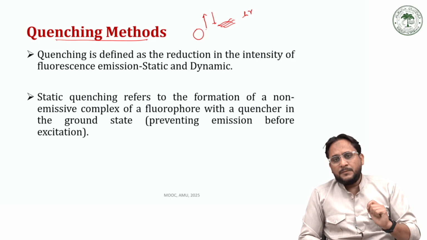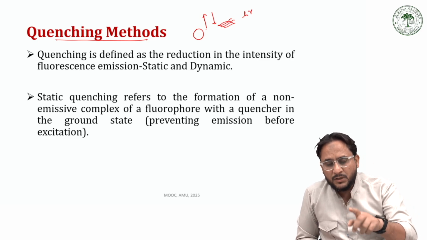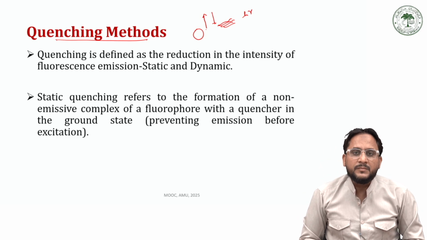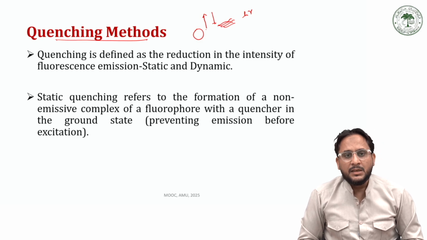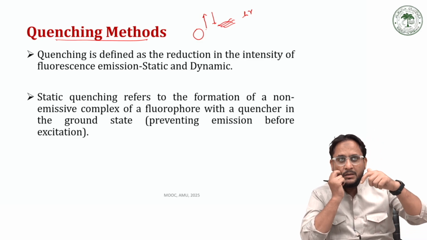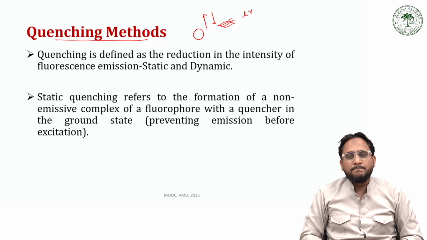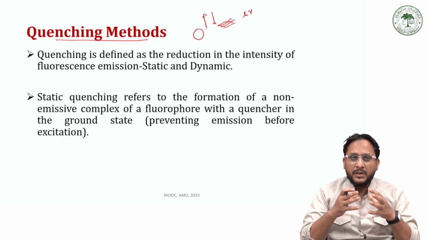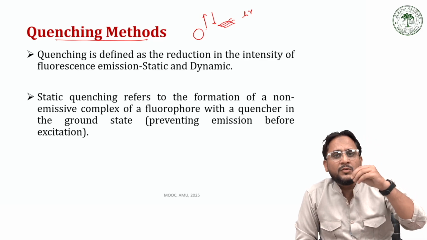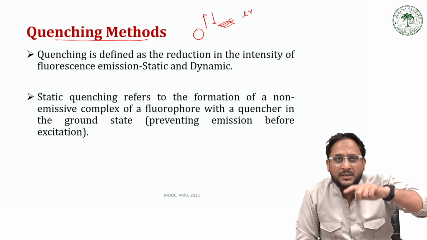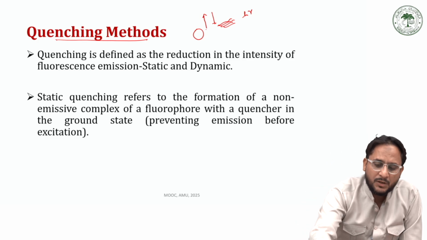So for example, if we have this particular compound as an analyte, and if we add a quencher into it, and the intensity of the sample goes down, meaning quenching is taking place, then this means that that particular compound is present.